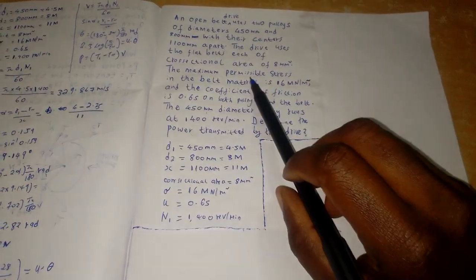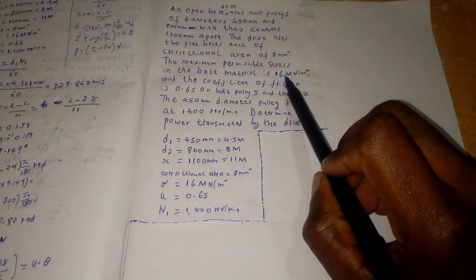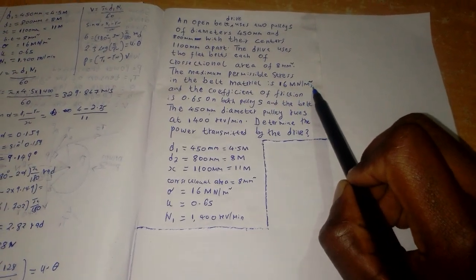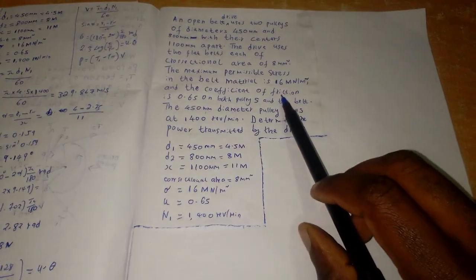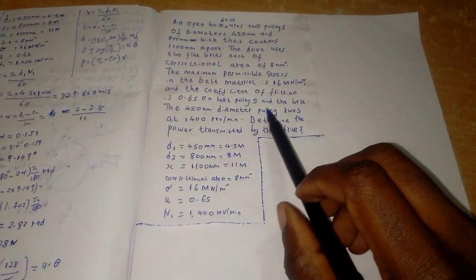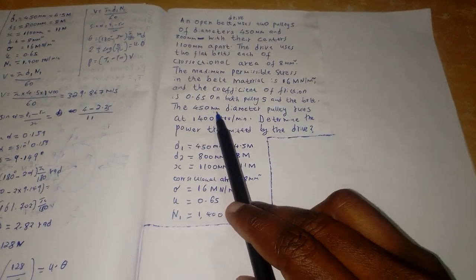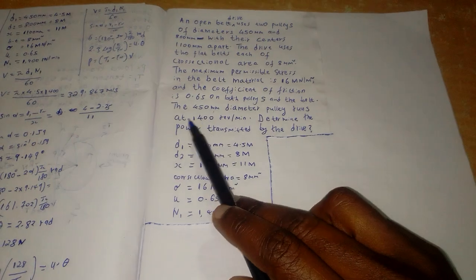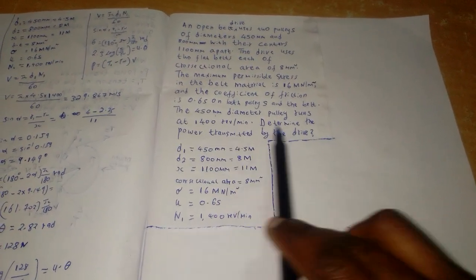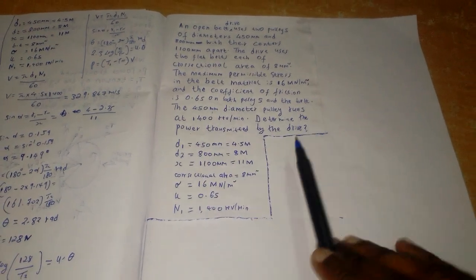The maximum permissible stress in the belt material is 16 meganewtons per meter squared, and the coefficient of friction is 0.65 on both pulleys and the belt. The 450 mm diameter pulley runs at 1400 revolutions per minute. Determine the power transmitted by the drive.